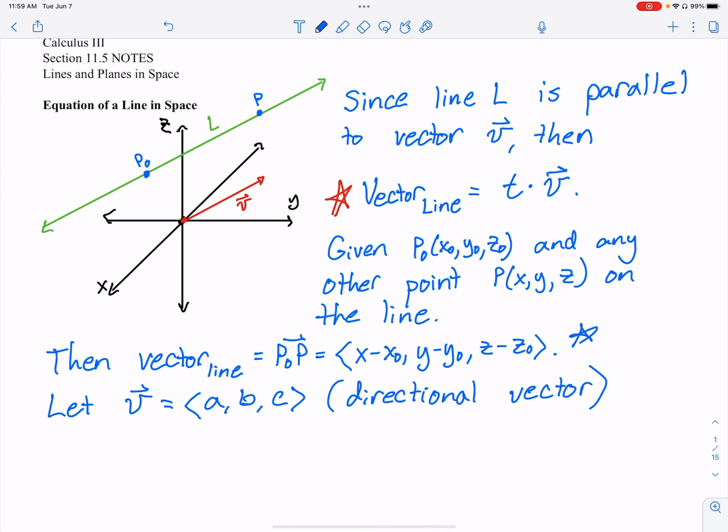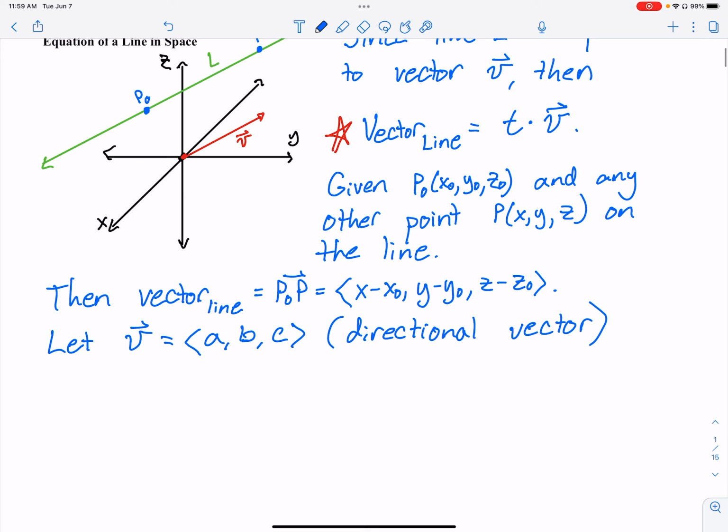I also wanted some parameters with V that describe V. So I have a vector for the line, and I have a vector for V. I also know from above that the vector P naught P is equal to t times some vector V. That comes from the red star right there.